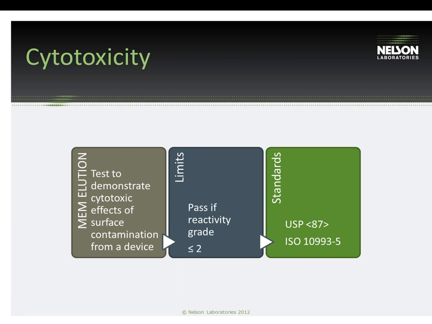This MEM elution test is used to show whether the residues obtained with the test we just did to quantify the residues are cytotoxic or not. Per USP 87 and ISO 10993-5, it has its own acceptance criteria, where a passing score is a cytotoxicity grade of 0, 1, or 2.